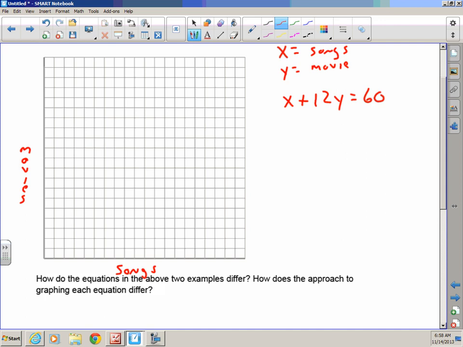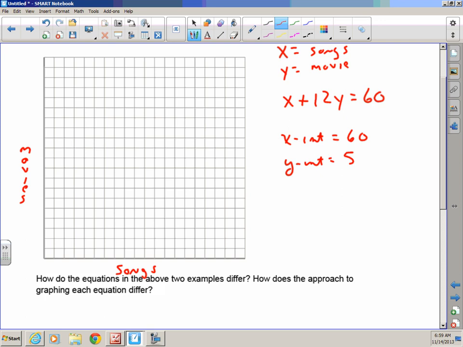What might be a good technique is to find my x and y intercept. What's my x-intercept? That's when y is 0. So my x-intercept is 60. My y-intercept is when x is 0, and that's 5. What you've just figured out is if I buy no movies, I can buy 60 songs.